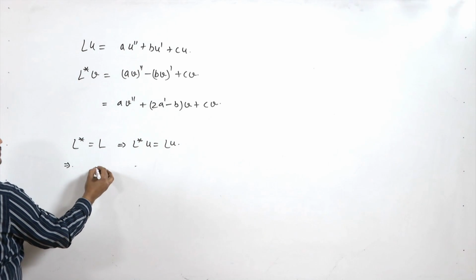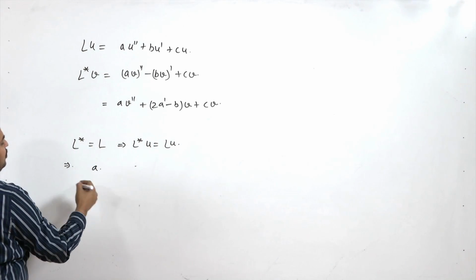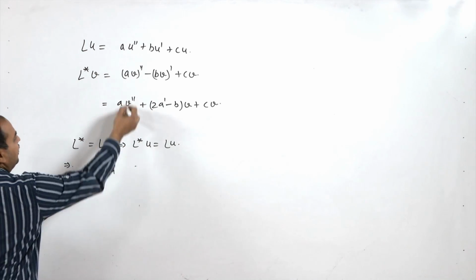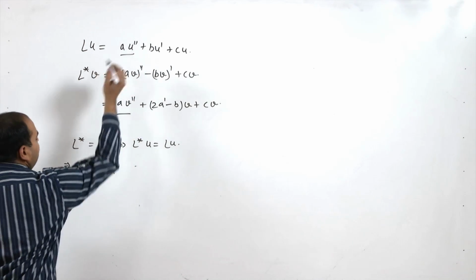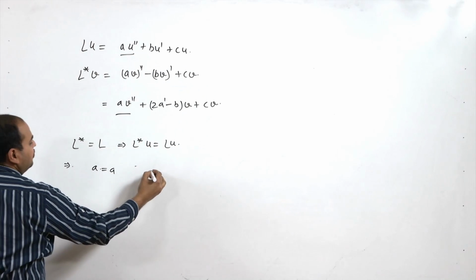Comparing coefficients, the coefficient of u double dash is a equal to a.